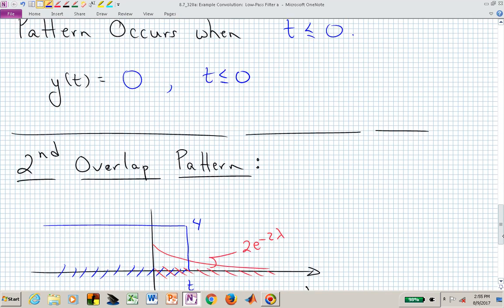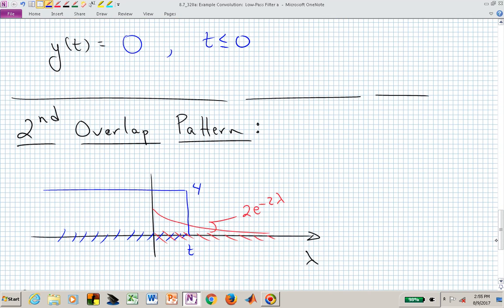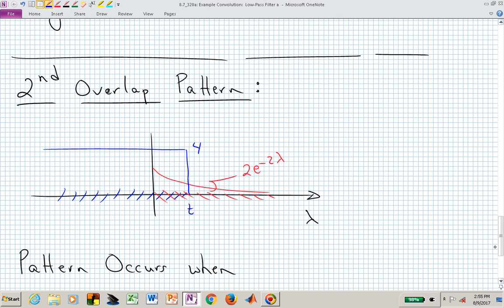The second overlap pattern is when t slides through lambda equal to 0, and now you can see that we do have overlap. Realize that this constant is true for all time after it begins, which means that this blue curve extends off to minus infinity.